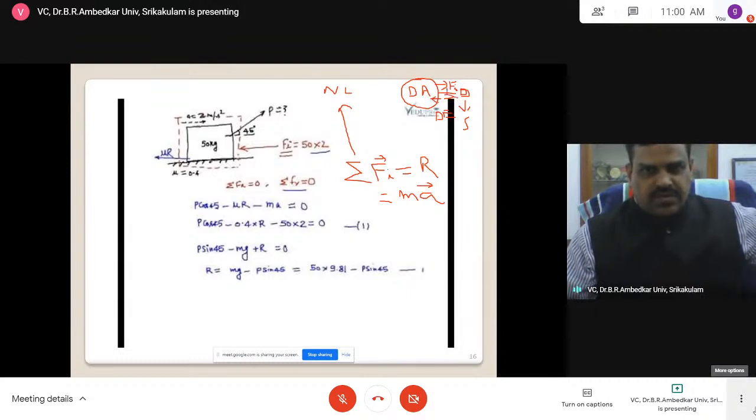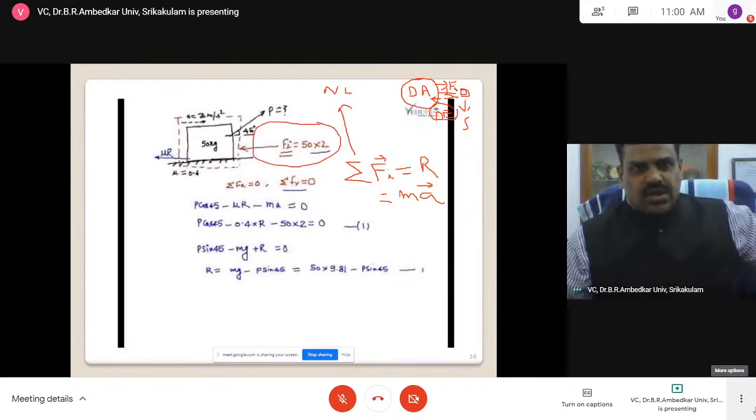Then the problem is statics instead of dynamics. That equilibrium is called the dynamic equilibrium. That's why the inertia force is applied in the opposite direction. Now the system is in equilibrium. If it is in equilibrium, now only the equilibrium equations apply, that is, the sum of the forces in x direction is 0.